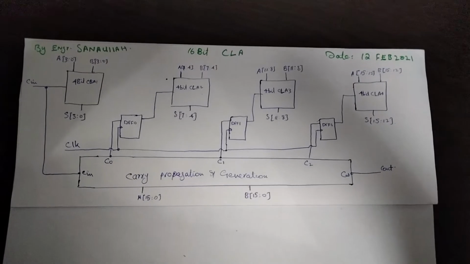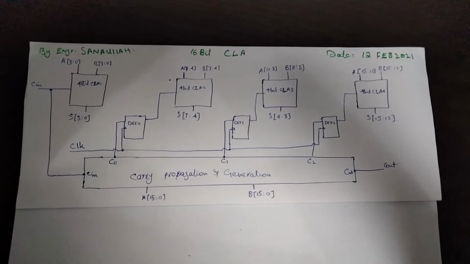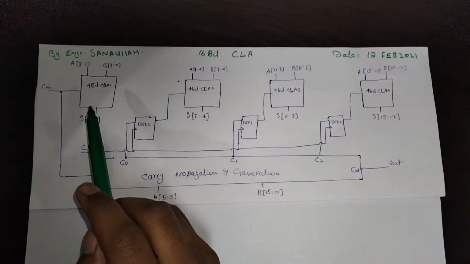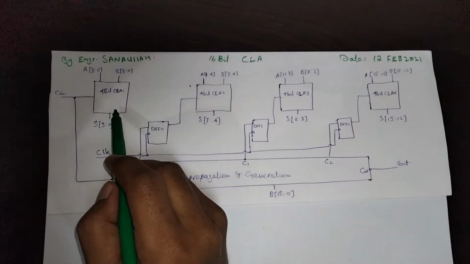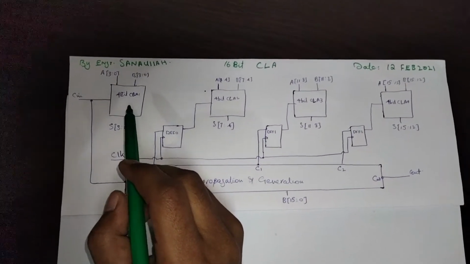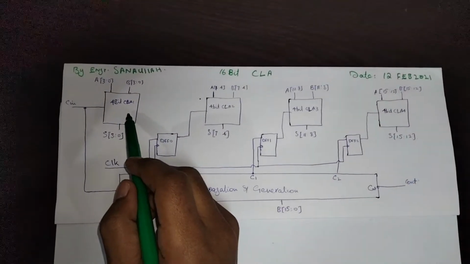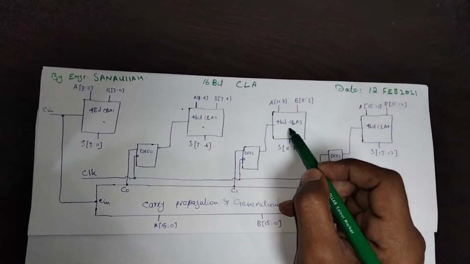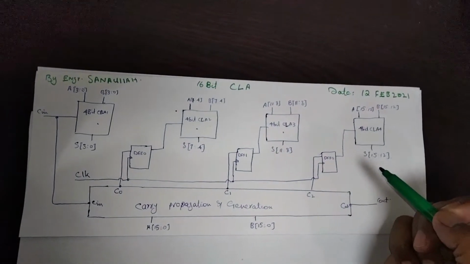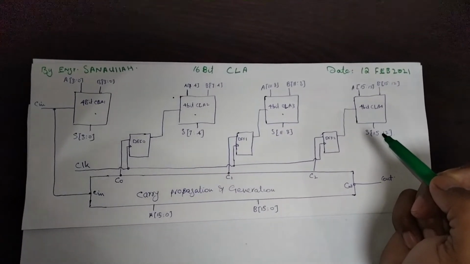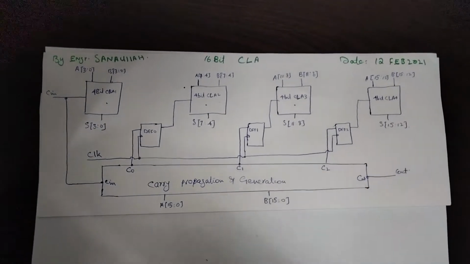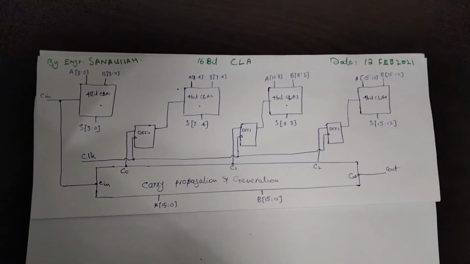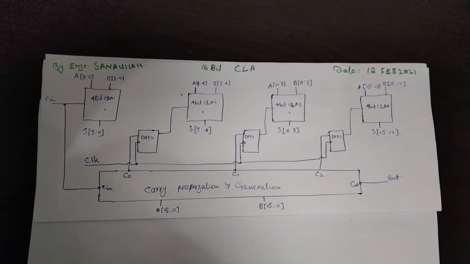So let's discuss its block diagram to understand the hardware implementation. As you know, we use a modular approach. So basically, here are four 4-bit CLA Carry-Look Adders: 4-bit Carry-Look Adder 1, 4-bit Carry-Look Adder 2, 4-bit Carry-Look Adder 3, and 4-bit Carry-Look Adder 4. As in the Ripple Carry Adder part, I have already told you that adders are not clocked, so they have no clock.